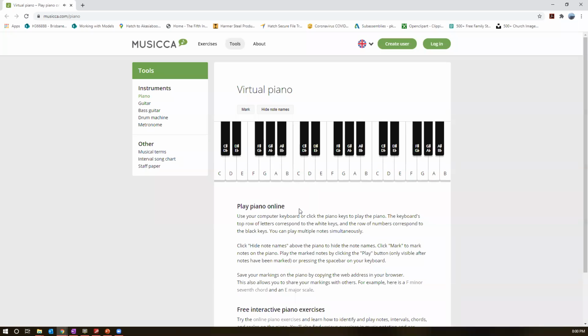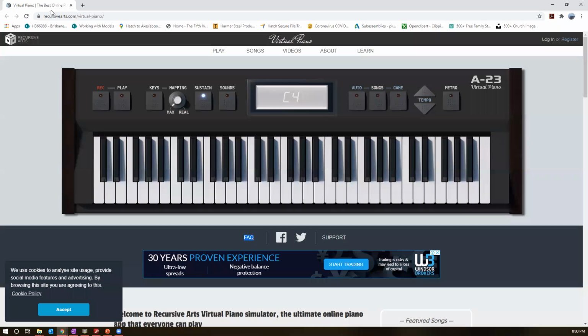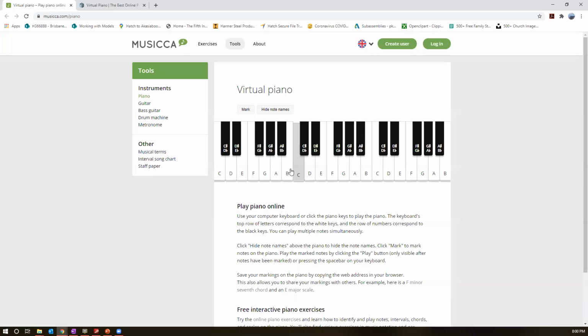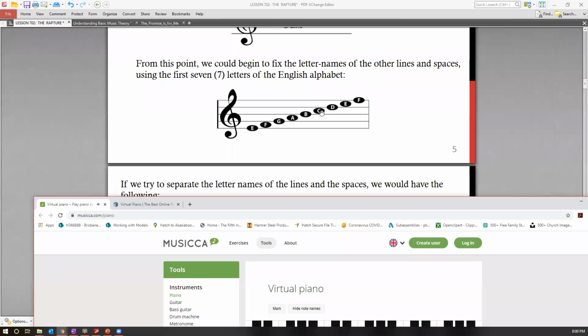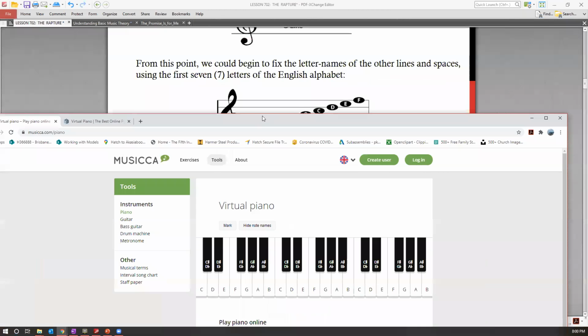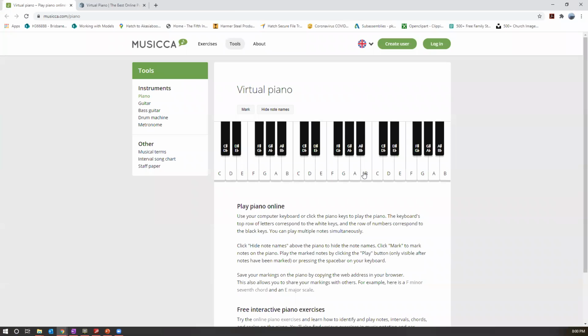Or say we have that C, E, F. So we have C, D, E, F, G, A, B. If we say our C is this C, and we say D, E, F, if you notice the pitch is going quite high.